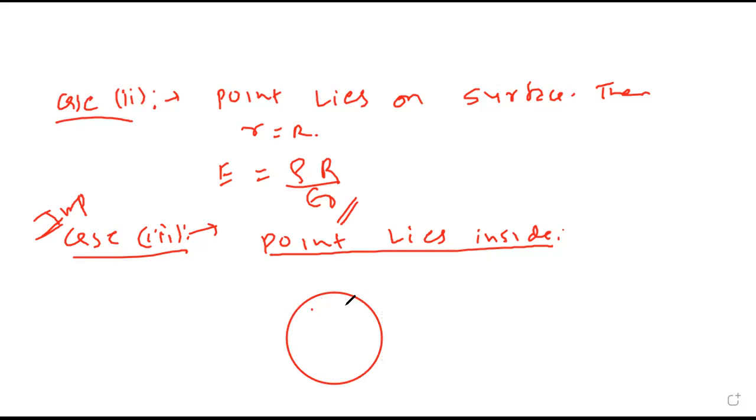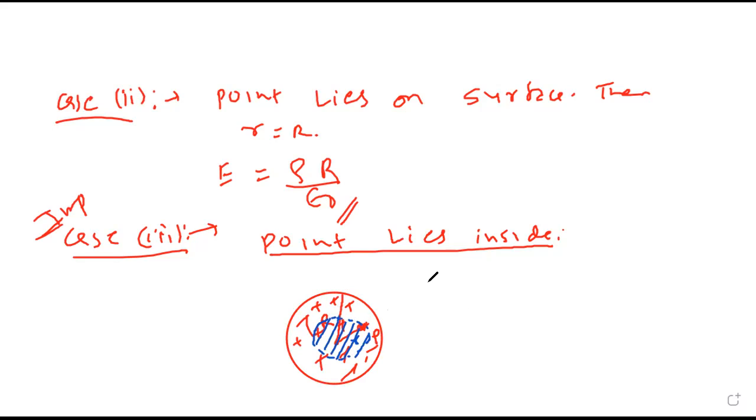These are the charges throughout the sphere of radius capital R. So if I consider a point P inside and draw a Gaussian sphere with center O and radius r, then this much charge it will enclose.